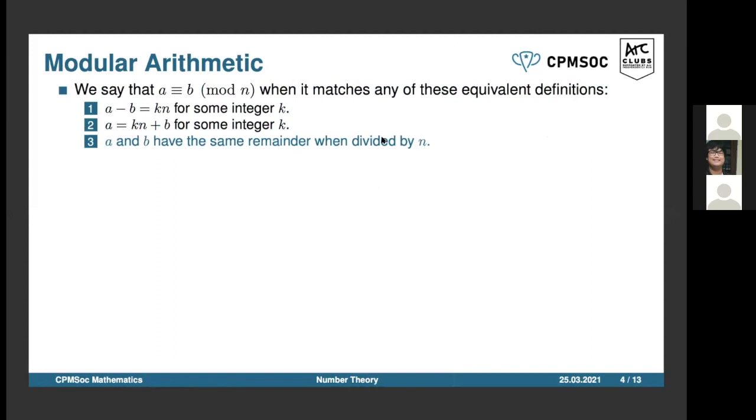We have three different equivalent ways to define what it means for two numbers to be equivalent modulo n. And all these numbers that we're going to deal with in this workshop will be whole numbers, with the exception of a few rational numbers. So we say that two numbers are equivalent modulo n if their difference is a multiple of n.